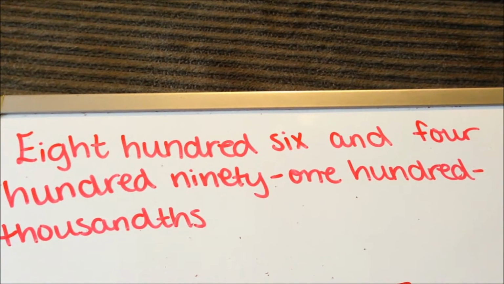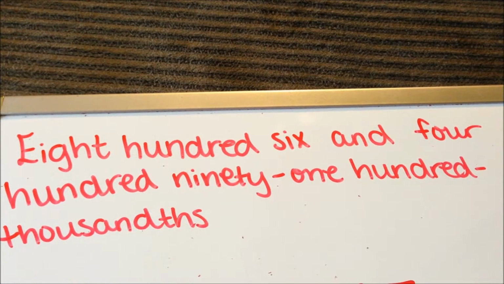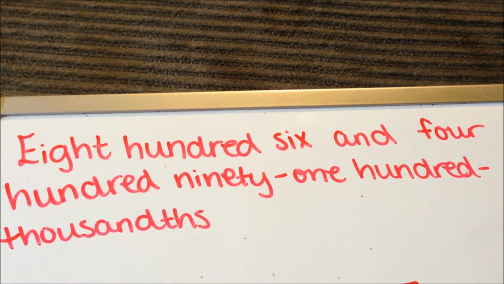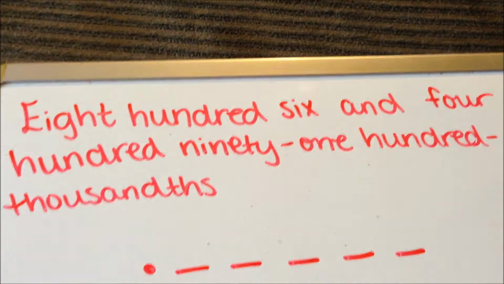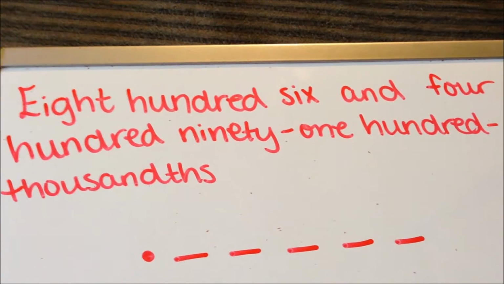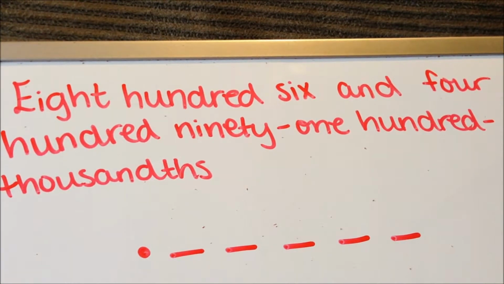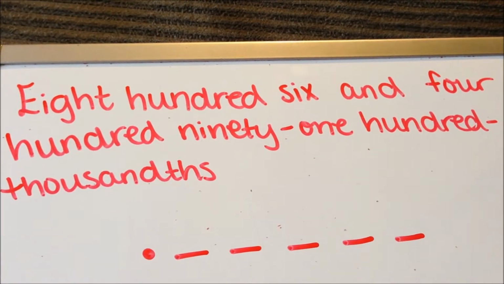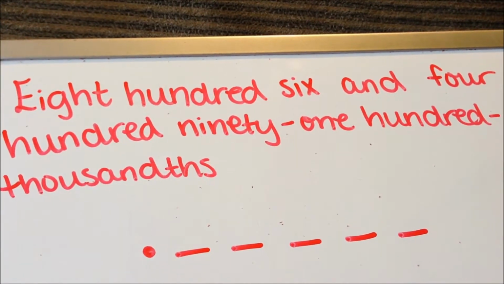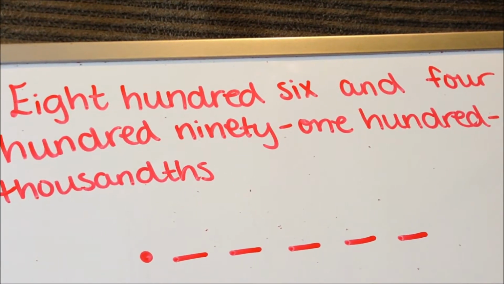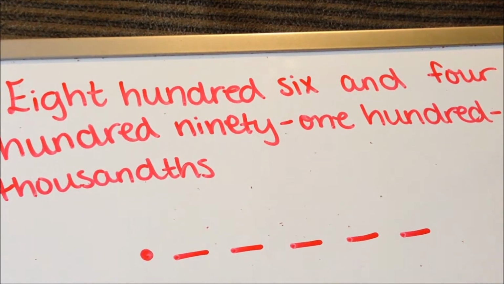Let's take the phrase 806 and 491 hundred-thousandths and write it as a number. Okay, so let's talk first of all about the decimal. The hundred-thousandths position is 5 places after the decimal because we have tenths, hundredths, thousandths, 10,000ths, and then hundred-thousandths. So be really careful.